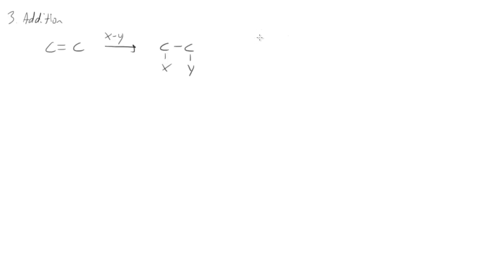So in this one, we break a pi bond, and we form two sigma bonds. And this is really the opposite of the elimination reaction. If you look at it, it's just like as if you did the elimination reaction backwards. In the elimination reaction, you have CXY, you lose XY, and you get a carbon-carbon double bond.